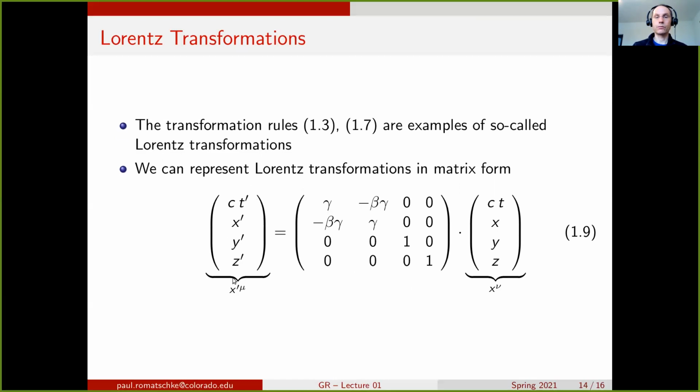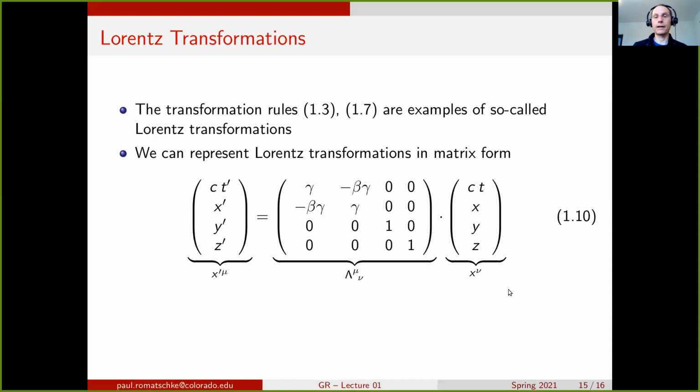Note that this is nothing else but our 4-vector x prime with a 4-index mu. This is our 4-vector x nu. So we can write this matrix multiplication by just naming this transformation matrix lambda mu nu, which now has 2 indices. So basically that's a rank 2 matrix.